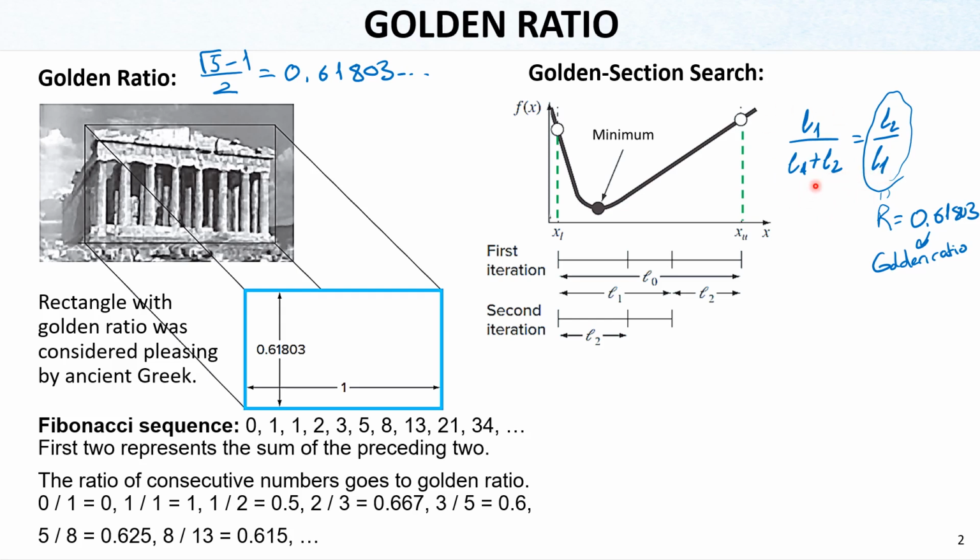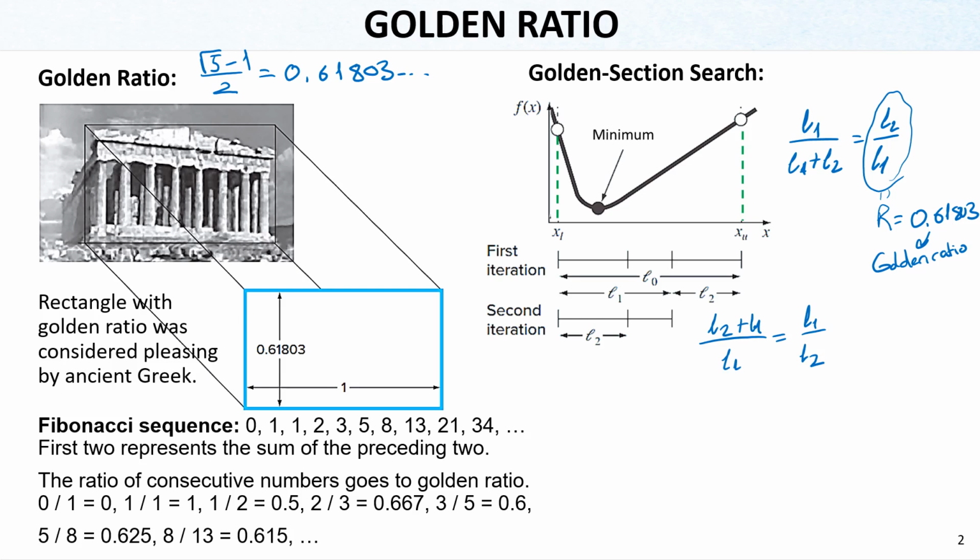Actually, let's first reverse these two. Let me write it down again. If we have L2 plus L1 divided by L1 equals L1 divided by L2, this is just the reverse of it.